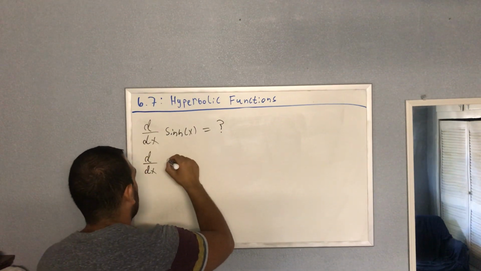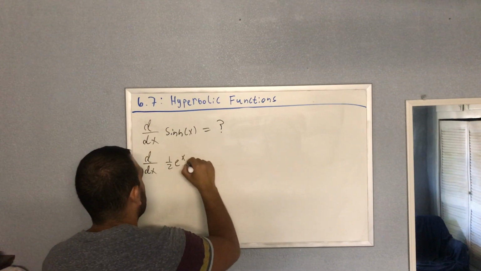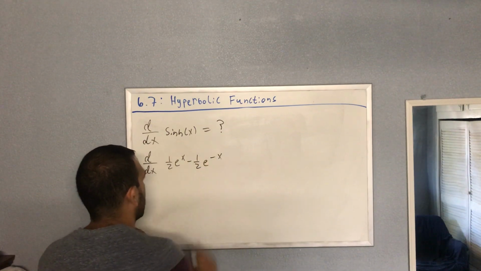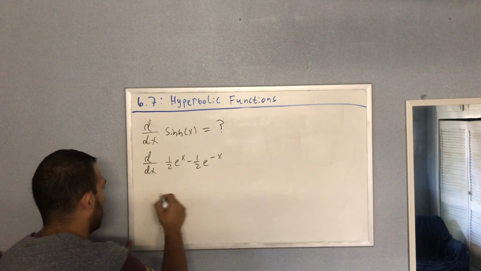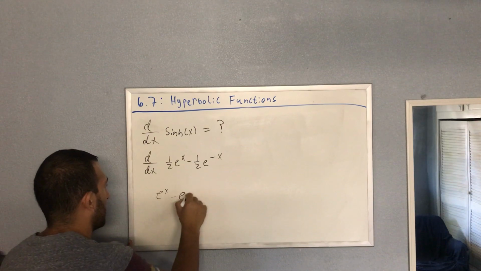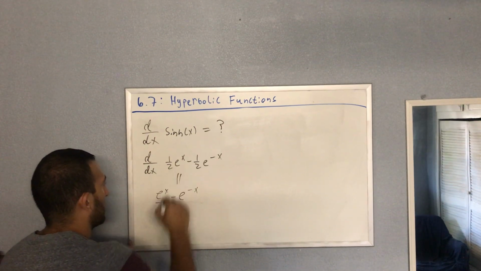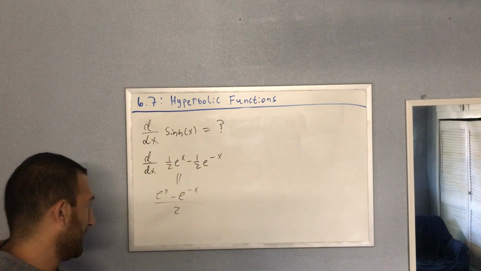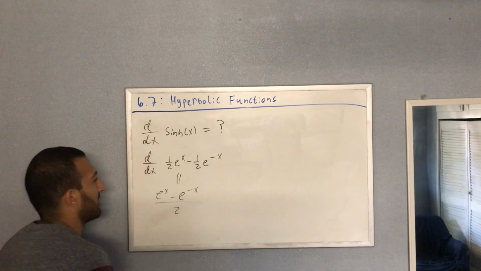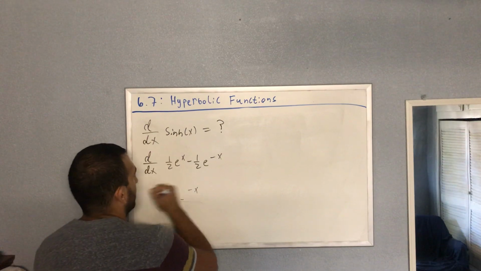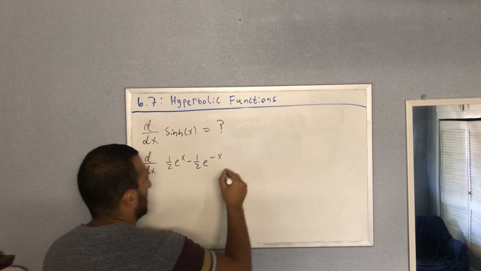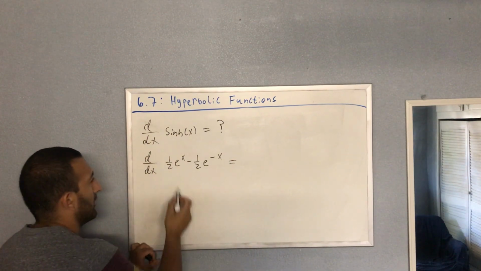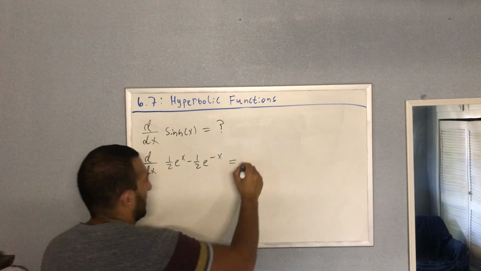The easy way is 1/2 e to the x minus 1/2 e to the negative x. Remember, this is the same thing as what I wrote down earlier. These two are equal. But this one just looks so much nicer because now you can just take the derivative more quickly. Okay, so the derivative of this will be, well, this guy doesn't change.